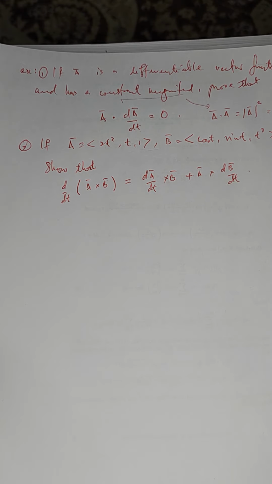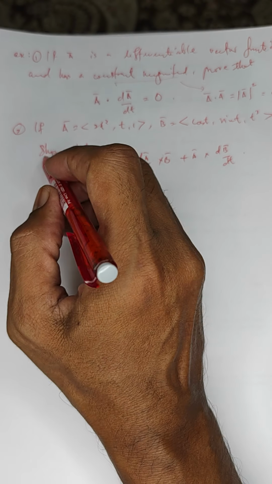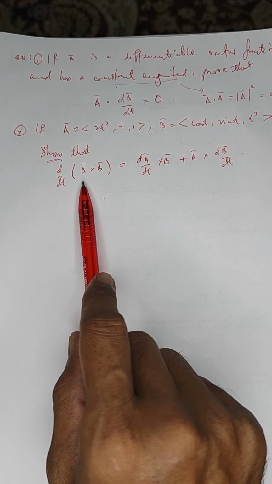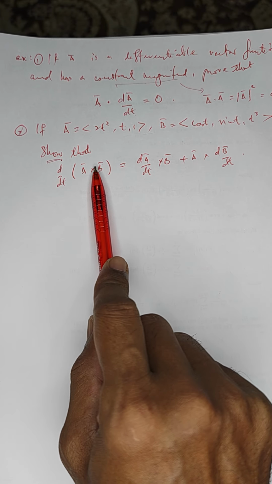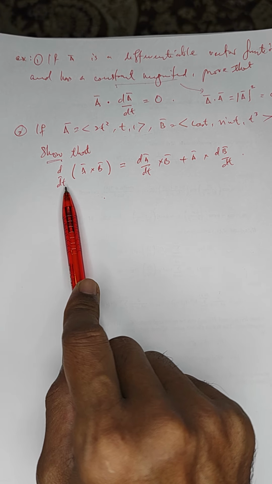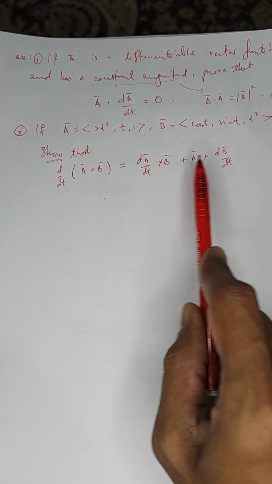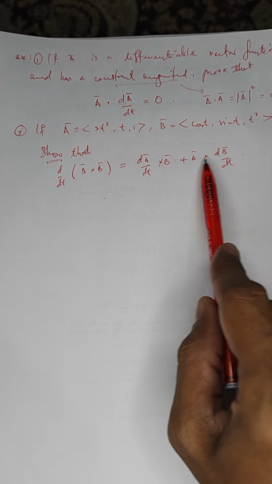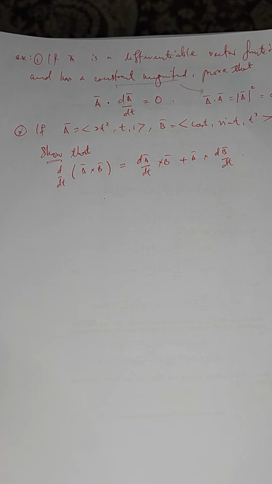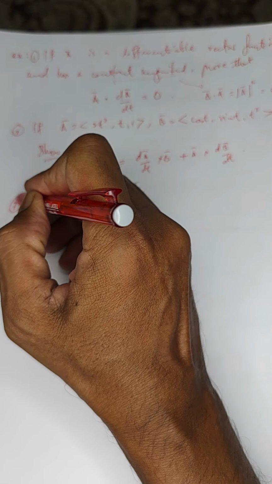Again, it's just very straightforward. The question here is show that, not prove that. So which means you perform A cross B, do the differentiation, and on the other side you differentiate A cross with B, differentiate B cross with A, and then show that the left hand side equals the right hand side.